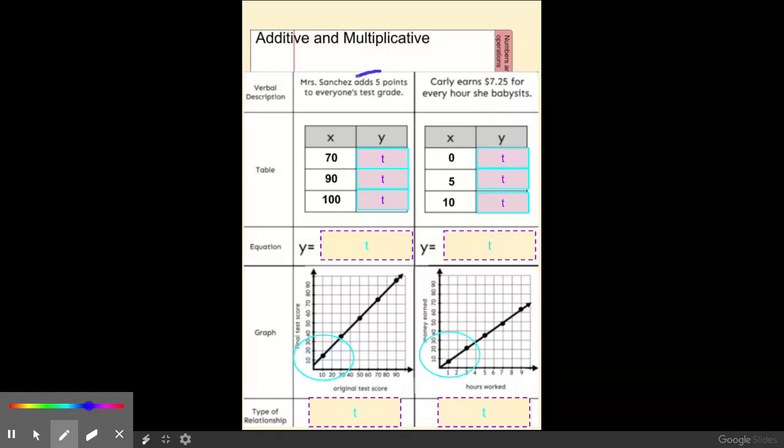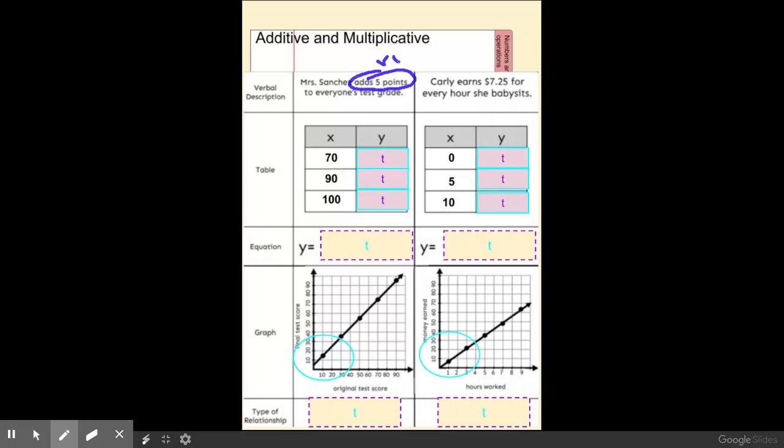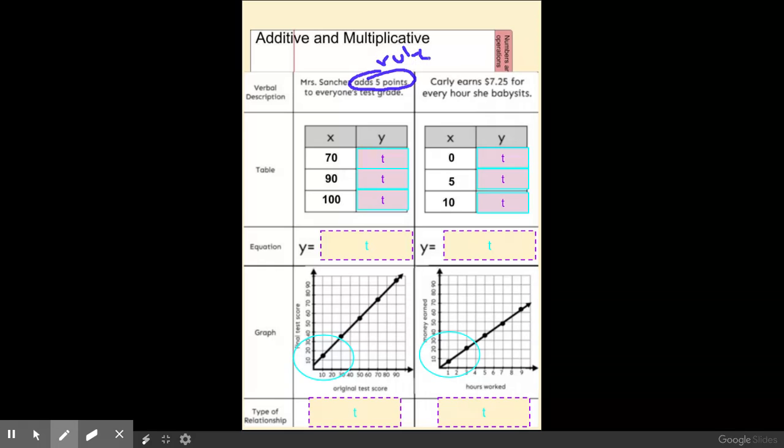Where it says add 5 points, this is going to be how we create our rule. Our rule is that y equals whatever the test score is, so x, plus what she's adding to it, which is 5. So y equals x plus 5.